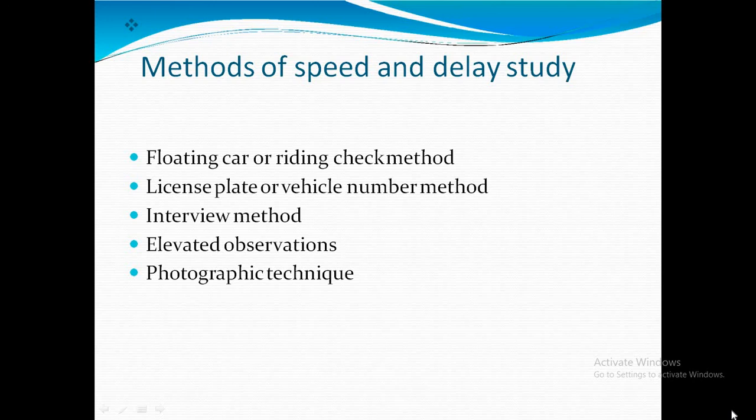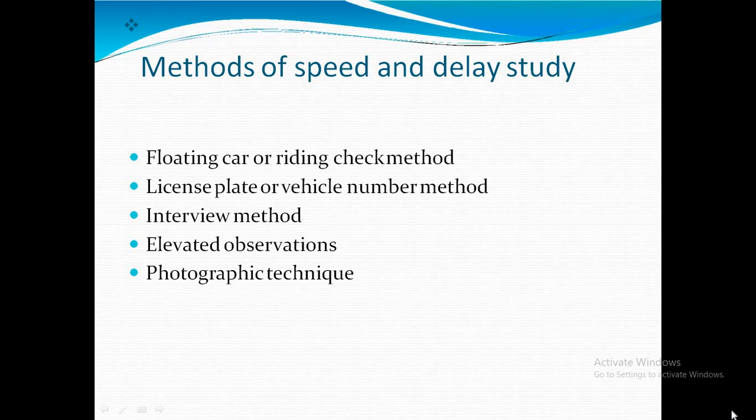Observers are stationed at the entrance and exit of a test section where information of travel time is required. In the interview method, the work can be completed in a short time by interviewing and collecting details from the road users at the particular spot. However, the data collected may not provide all the details correctly.